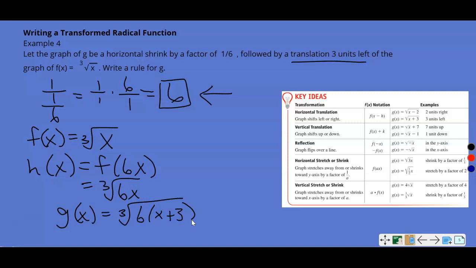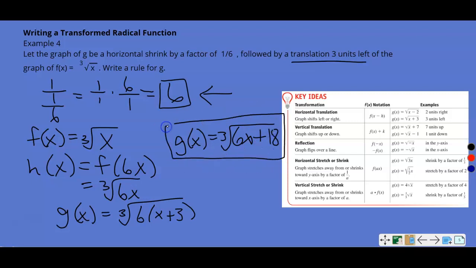So what's going to happen is you really have to distribute if you want to simplify that. We're going to have g(x) equals cube root, and you can see that 6 times x is 6x, and 6 times 3 is 18. So if you want to clean this up a little, 6x plus 18 is the simplified function.